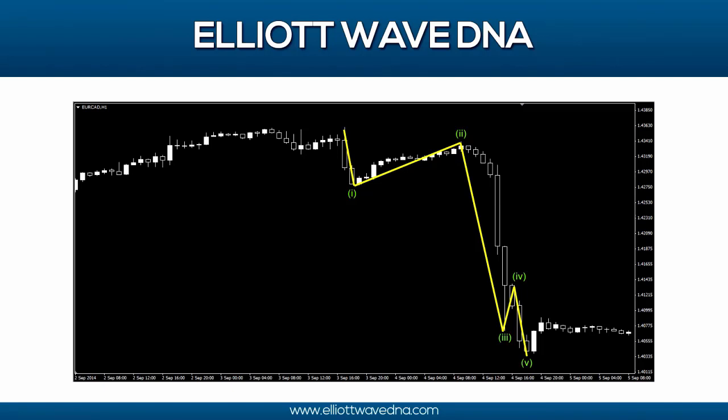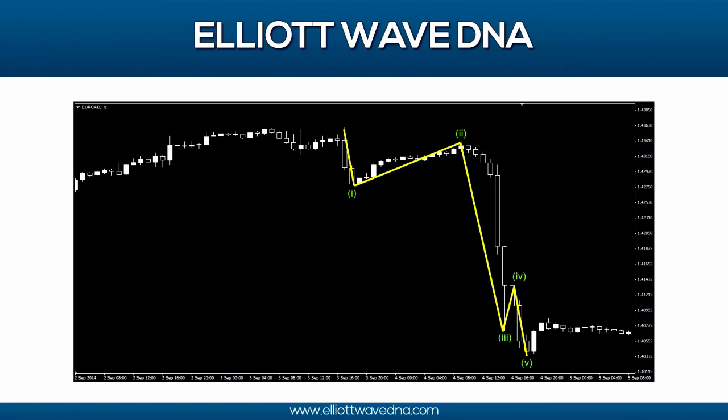This was a little bit easier than the previous one because every move was strong and sharp. We had the first decline lower in wave 1 followed by a correction. After that we had a strong push down, then a small pullback, and a final wave 5 down. But over here we don't see a clear 5-wave move on this 1-hour chart.